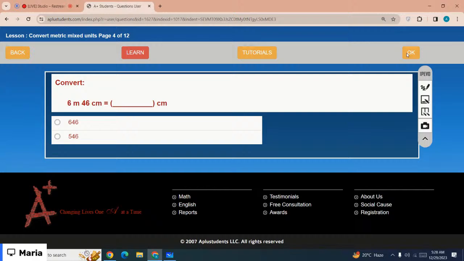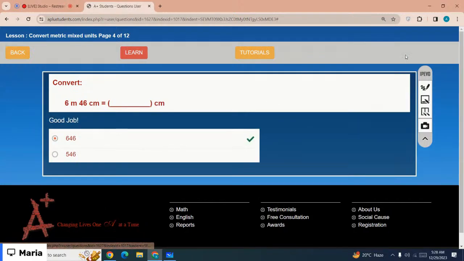Yes, 1 meter equal 100 centimeter, right? That is the basic conversion. 1 meter equal 100 centimeters. So the correct option is, yes, 646 centimeters. Option number 1 is the correct option.